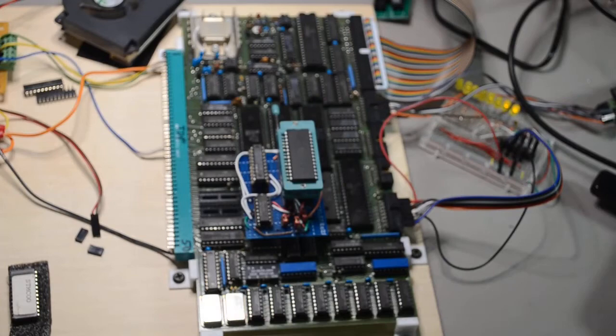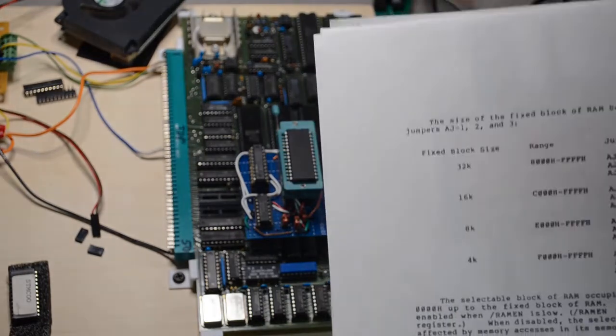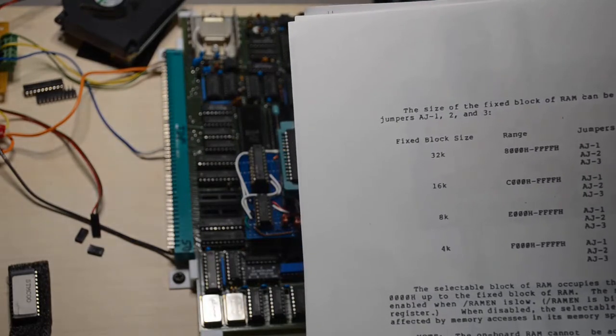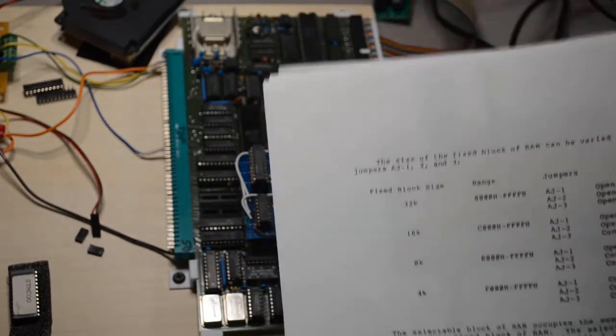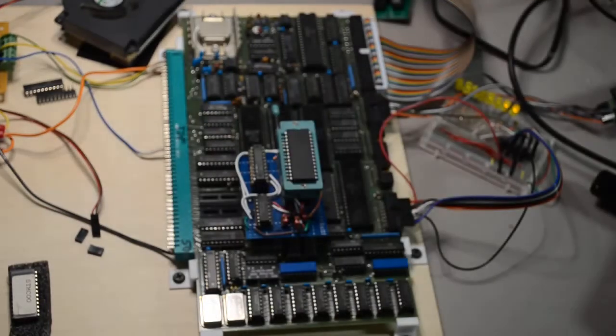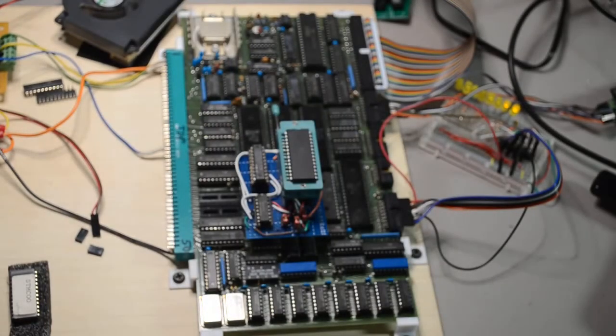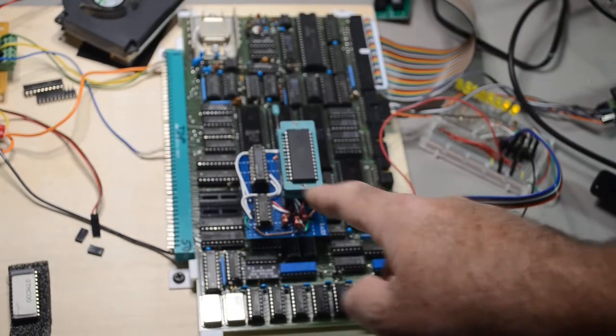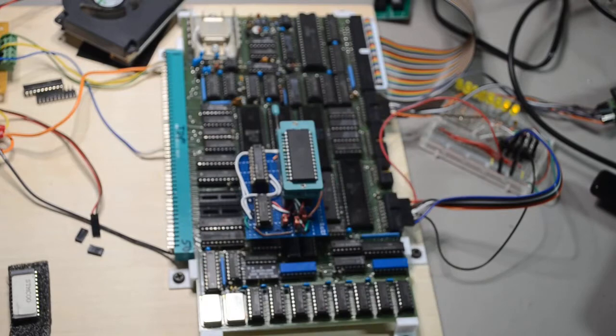It took me a while to figure out what the problem was. And well, if you deselect a block of RAM and then you address memory in that area, it assumes you're addressing memory off the board on the bus. So it enables the bus drivers to put data on the bus from the data bus from the S-100 bus.